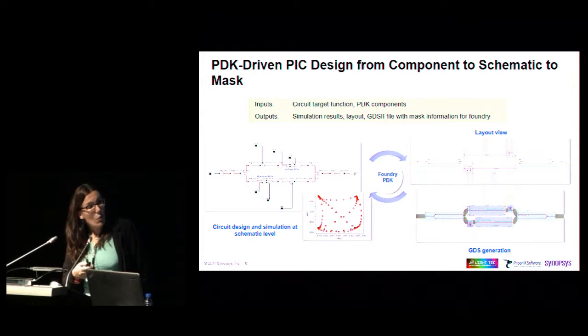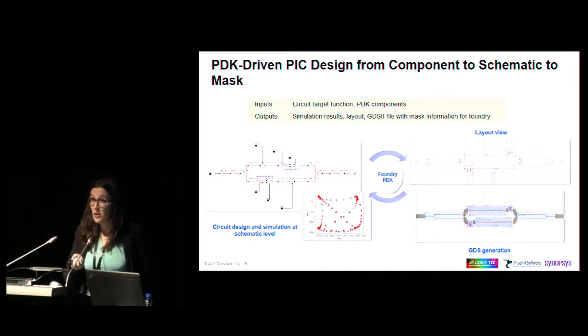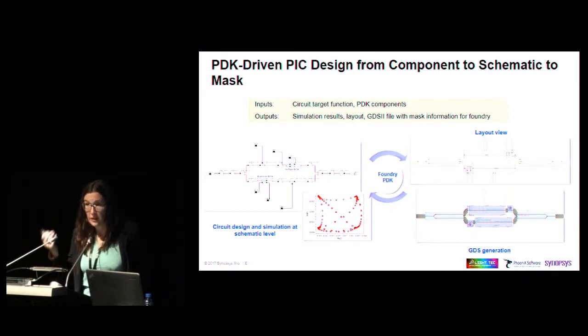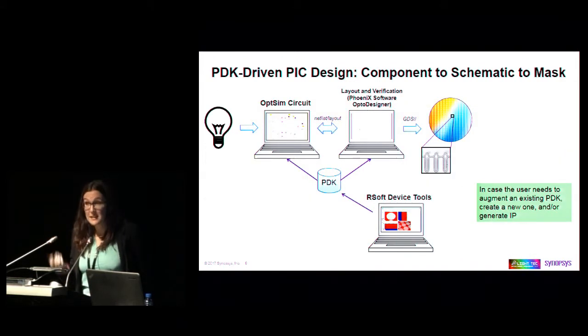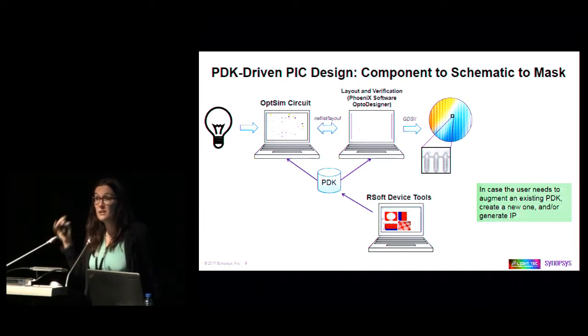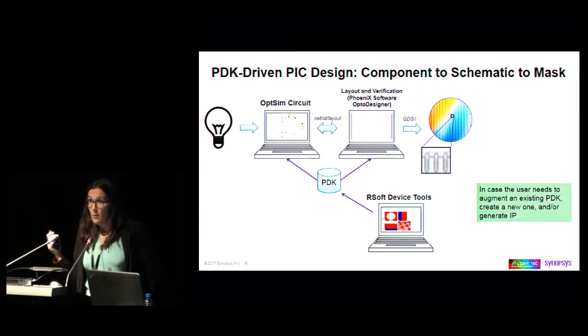Okay, so that's one design flow for a designer. You can use a PDK from a foundry. All the foundries are providing their own library. But from time to time, it's not flexible enough. You need to augment an existing PDK library, or you need to create your own PDK, or you need, for IP purposes, your own component.